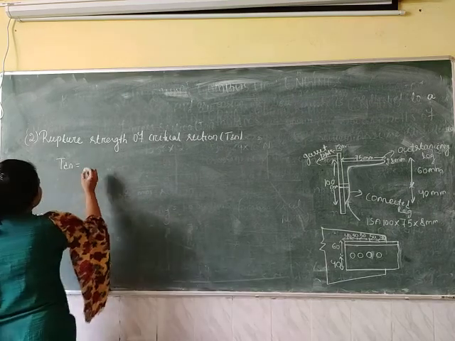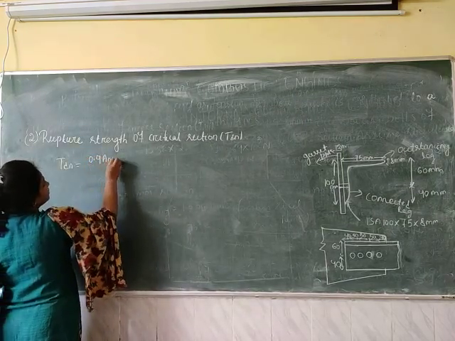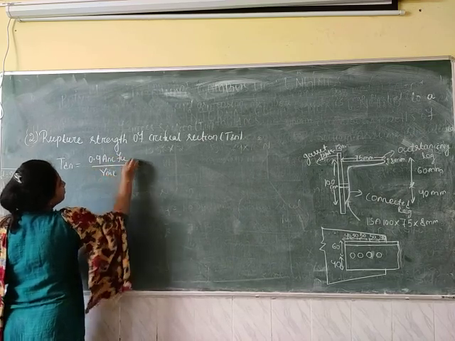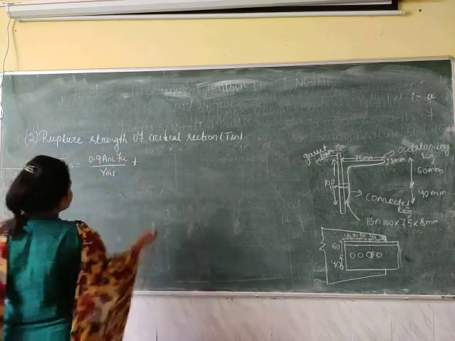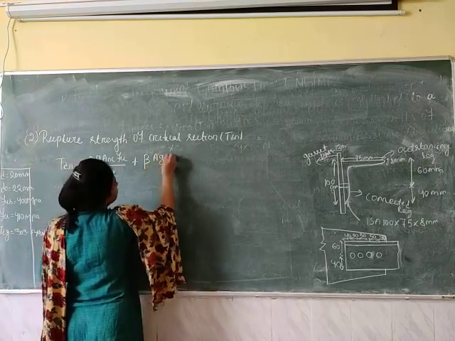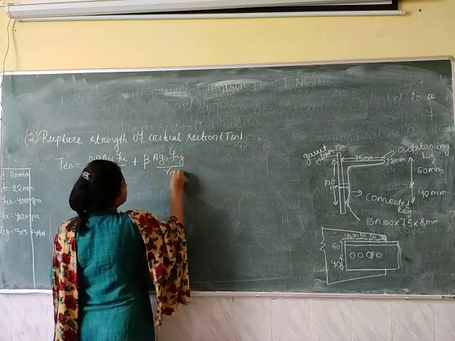that is 0.9 into ANC into Fu divided by gamma m1, plus beta into Ag naught into Fy divided by gamma m naught.